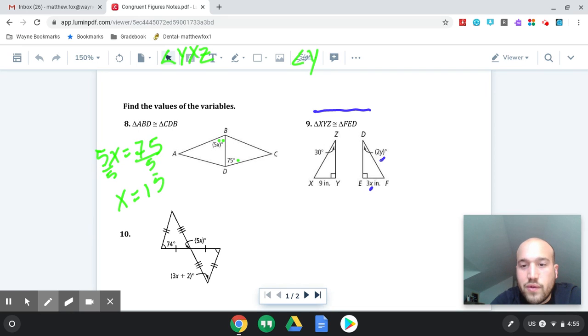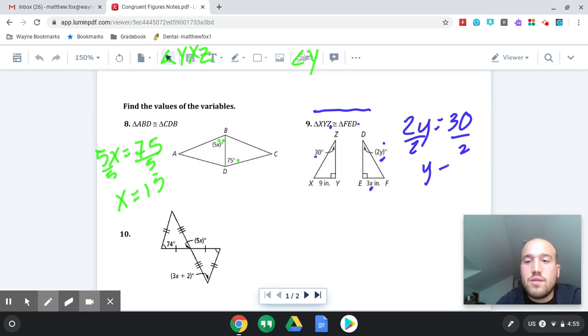Now, I don't care which one you find first, but if we look at the 2y here, that's in angle D. D was the third term, so it matches up with the third term up there, which is Z. Z was 30 degrees. So all we have to do then is set 2y equal to 30. Once again, it's a simple division problem. Divide by 2, we get y to equal 15.